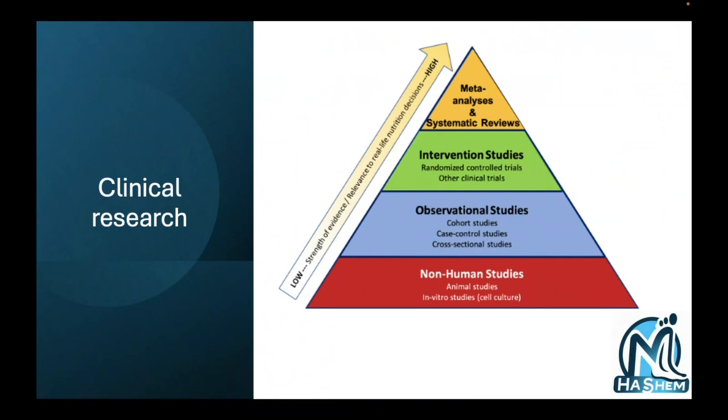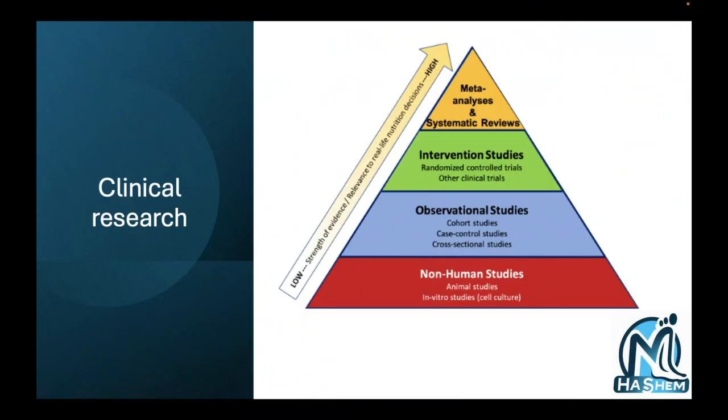That is the poorest way of practicing, because it depends on only one decision, which is always mistaken. Or you depend on non-human studies, like in vitro studies. The level above this, or the better evidence, is based on observational studies. So you don't intervene, you don't put anything in you, you don't inject anything in you. You just observe what's happening, either prospective.